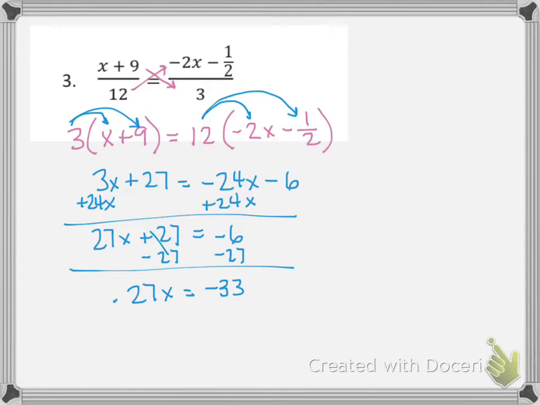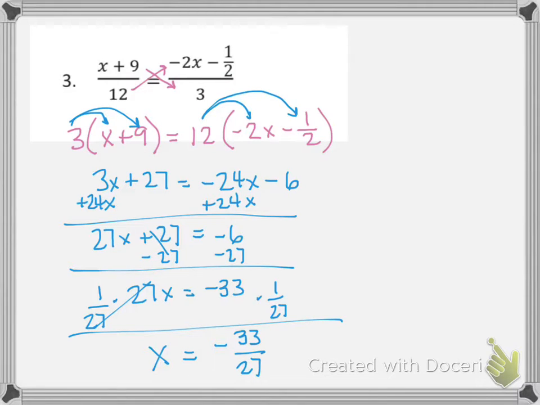And then I multiply by the reciprocal, balance the equation, and we get x is equal to a negative 33/27. And that's as good as I can do, right? No, we can divide them both by 3. So negative 33 divided by 3 is 11, and 27 divided by 3 is 9. So a negative 11/9 is my final answer for x.